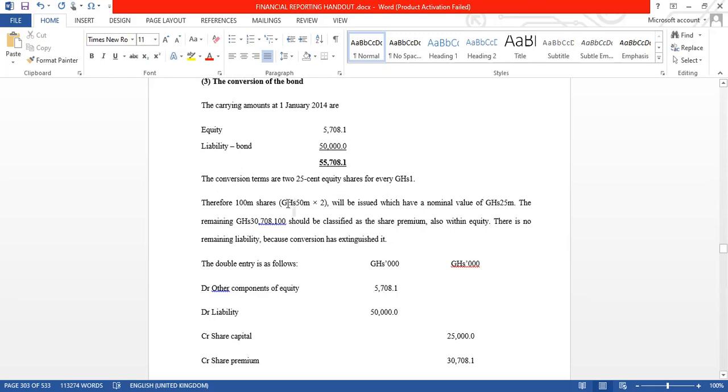It should be in shares, at 1 cedi. So it should be shares here. All right, so what you are going to do is that at the end of the day, you have 25 million because you are multiplying 25 cents by 100 million. Okay, so you have 100 million multiplied by the 25 cents. All right, so you have 25 million.